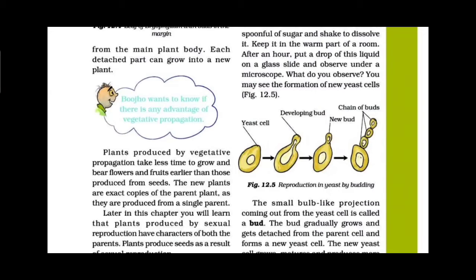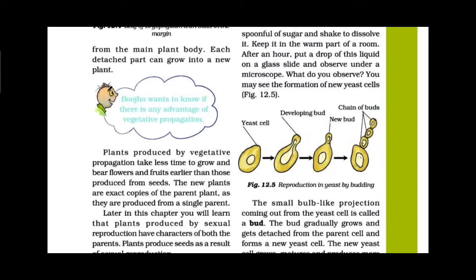What do you observe in the microscope? The small bulb-like projection coming out from the yeast cell is called what? Bud. Okay, for this we take a pinch of yeast and mix it in a container with water and a spoonful of what? Sugar, and shake it well and place it in a warm place. Then take one drop of liquid on a glass slide and observe with the microscope.